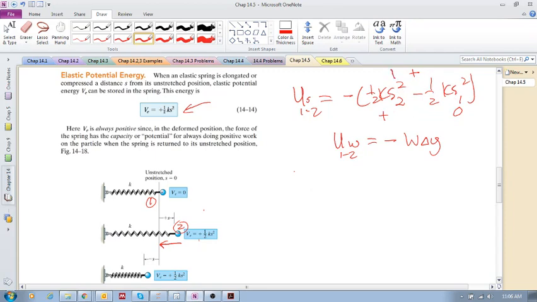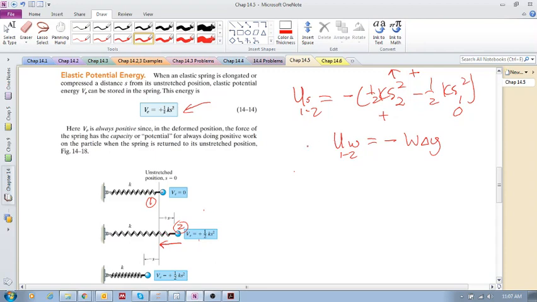It's gone up. But the work done by the spring force was negative. So whenever a conservative force does negative work, it increases the potential energy. Whenever a conservative force does positive work, it decreases the potential energy. Okay?